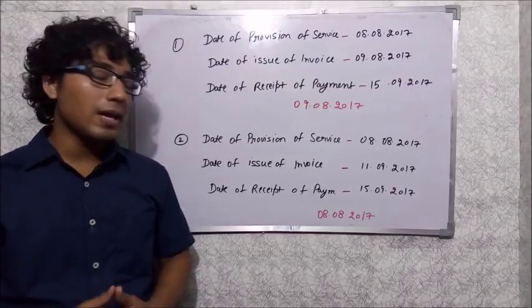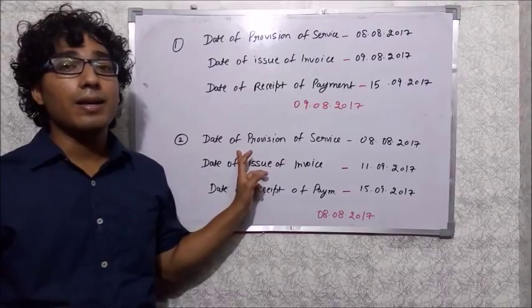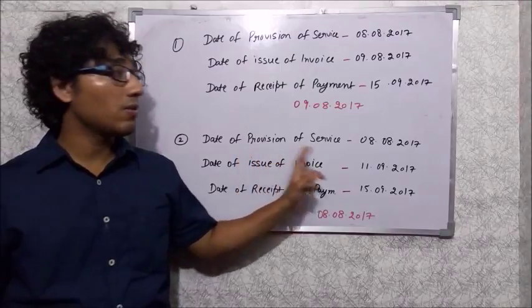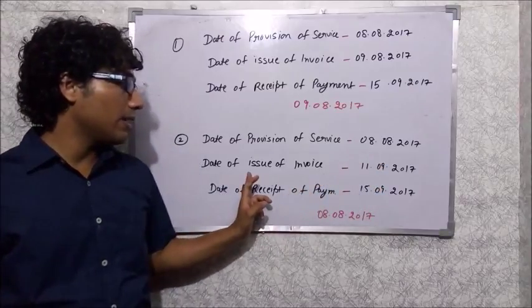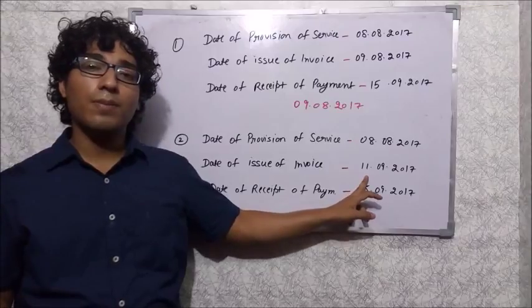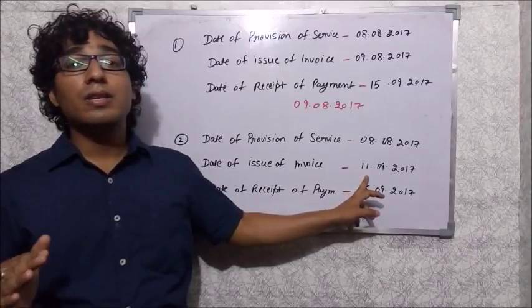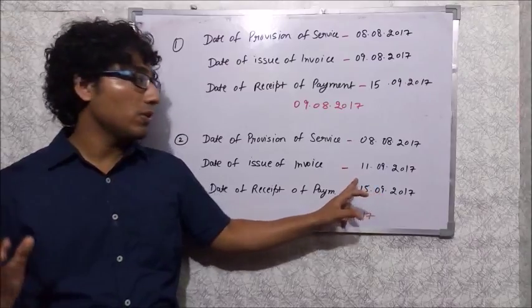And in the second situation, the date of provision of service is 8 August 2017, and the date of issue of invoice is 11th September 2017, which is approximately 1 month after the date of provision of service.